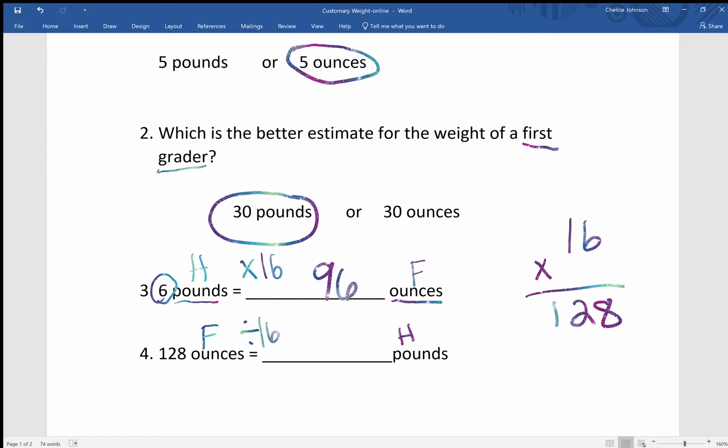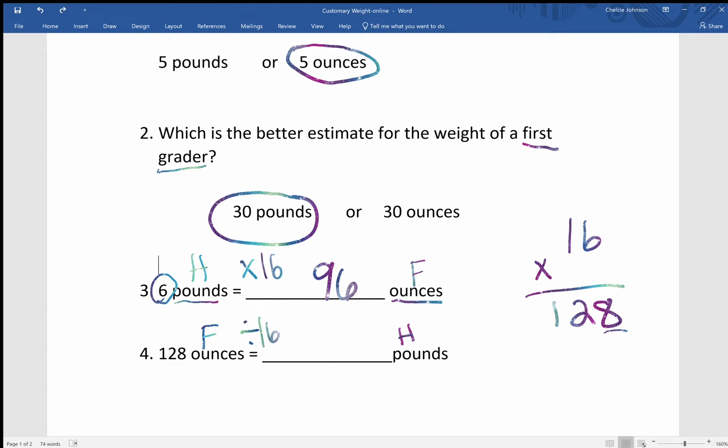So you want to think of what times 6 is going to give you a number that ends in 8. Well, 6 times 2 is 12. Nope. 6 times 3 is 18. So I'm going to put my 3 in there. So 3 times 6 is 18. I regroup, but now I have 3 plus 1 is 4. That does not give me 12. So I'm going to back up here.